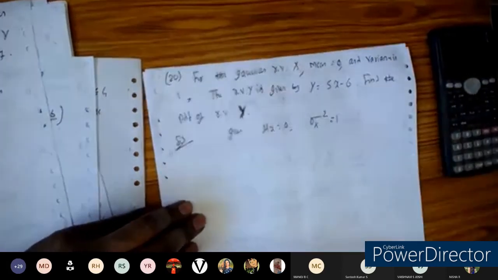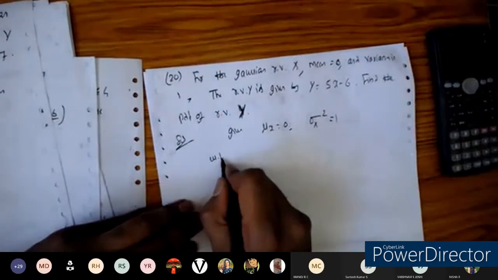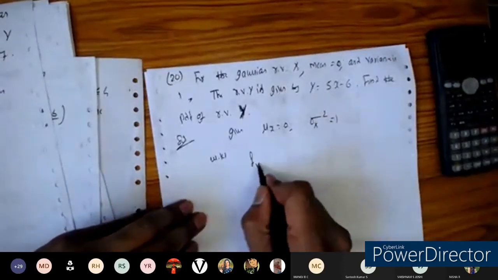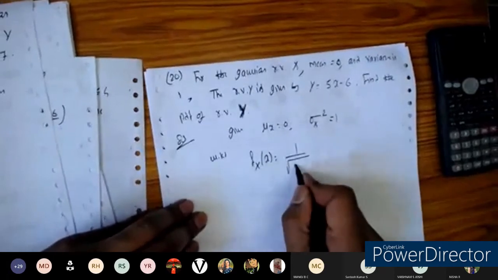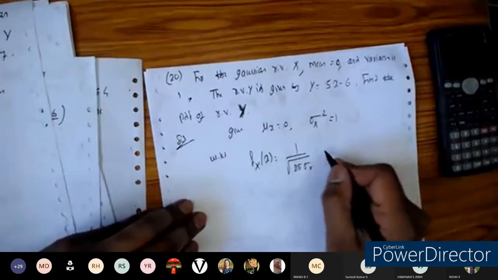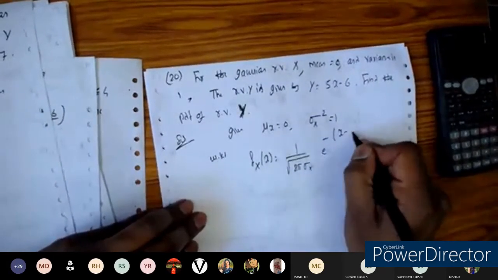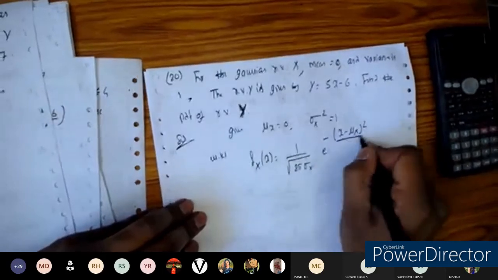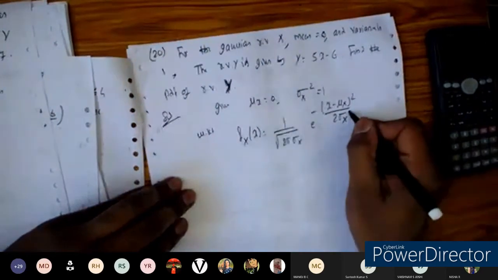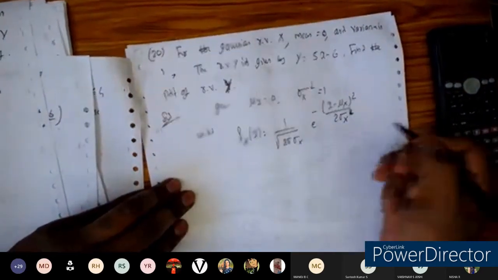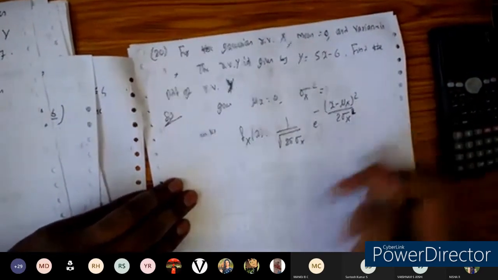We know the PDF of the Gaussian random variable is 1 by square root of 2 pi into sigma X into e to the power of minus (x minus mu X) the whole square divided by 2 into sigma X square.